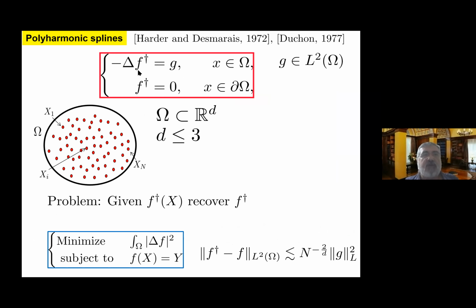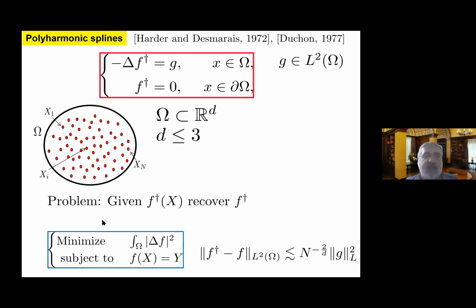Assume that the values of F dagger are given at these n homogeneously distributed points xi of the domain omega, which I assume to be a subset of R^d of dimension less than or equal to 3. Then the polyharmonic spline approximation of F dagger can be identified as the minimizer of the following variational problem, which is an optimal recovery problem.